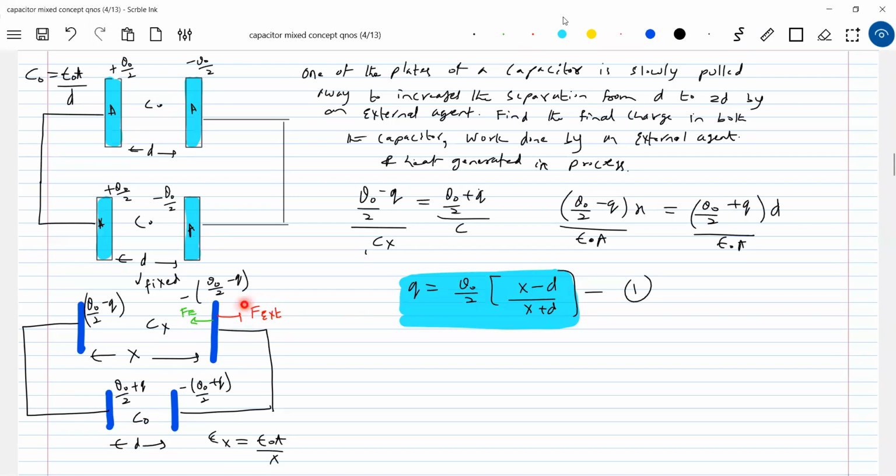I should apply force equal to Fe because I should pull gradually, slowly. Therefore the external agent force should be equal to Fe only, and we know Fe is equal to Q squared by 2A epsilon naught. Substitute the value of Q, then we get an expression.